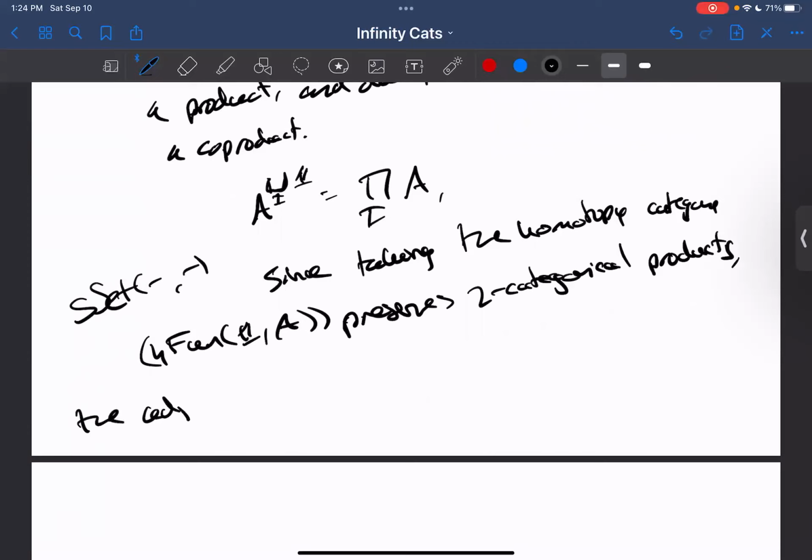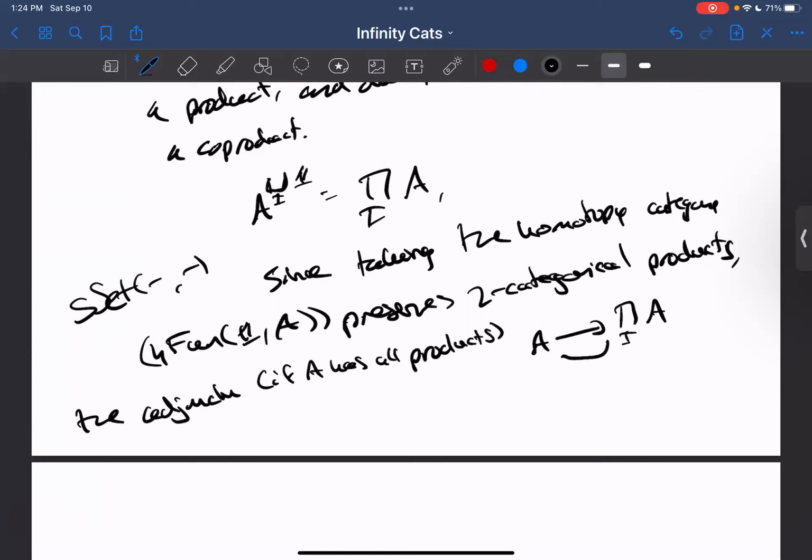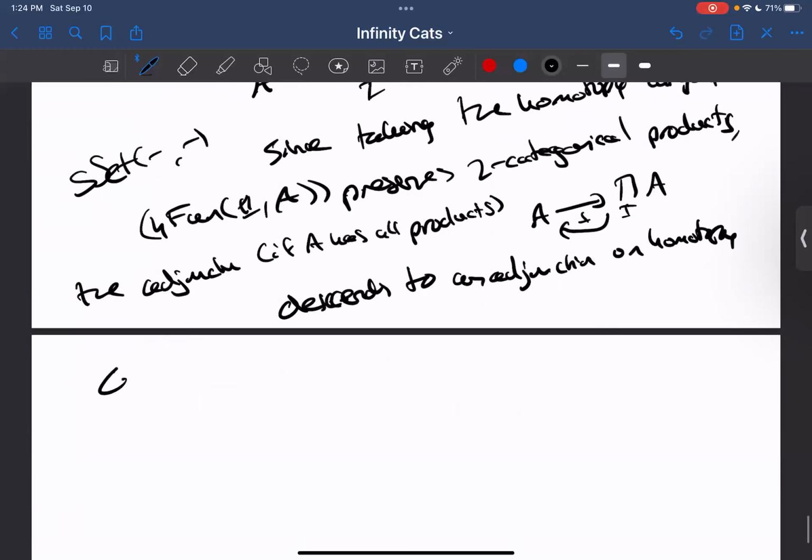The adjunction, if A has all products, A to the product over I of A, descends to an adjunction on homotopy categories, the homotopy category of A to the product of the homotopy category of A. This is since the homotopy category commutes with products.